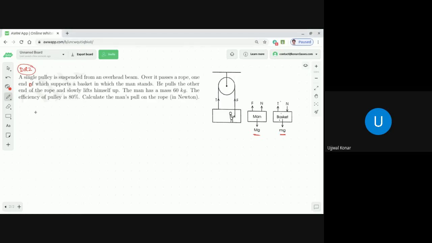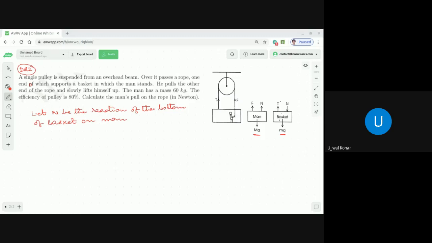So what we are saying is that let N be the reaction of the bottom of basket on man. Then what we are going to get?